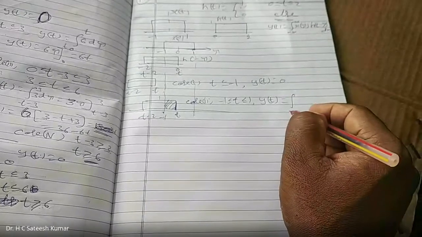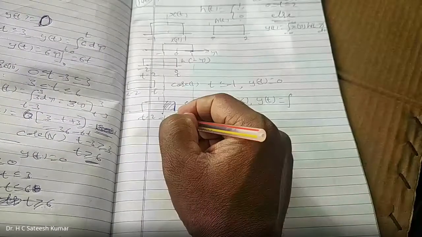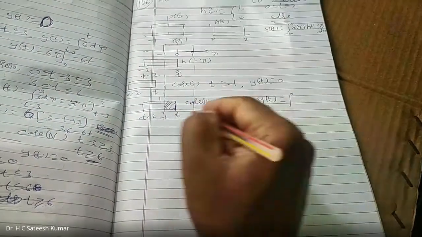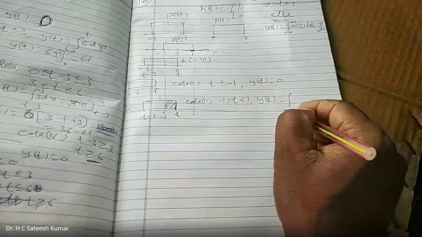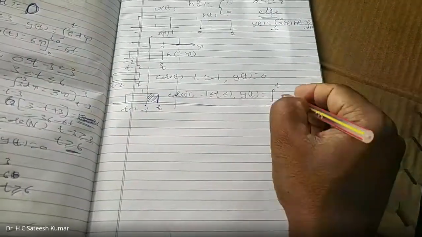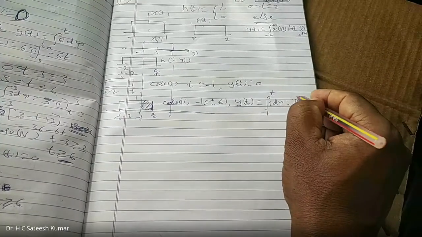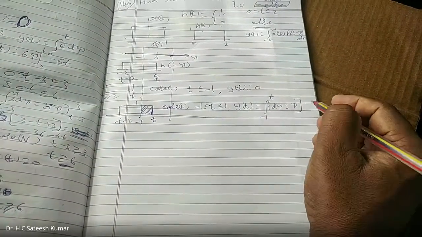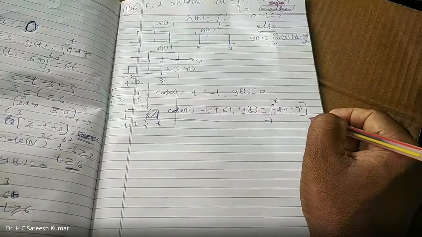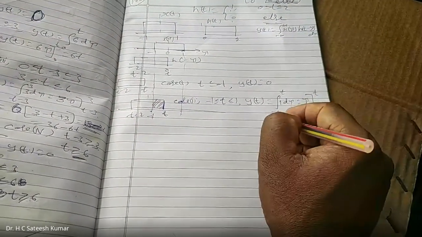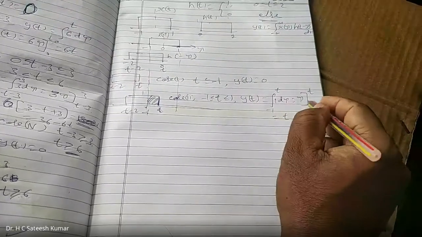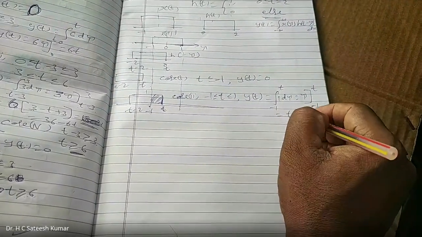Y of t is equal to what? Where to where? Minus 1 to t. The overlapped area is minus 1 to t, not 0. Minus 1 to t of 1 into 1 d tau, which is equal to tau between the limits minus 1 and t. Therefore, it is equal to t minus of minus 1, which is t plus 1.